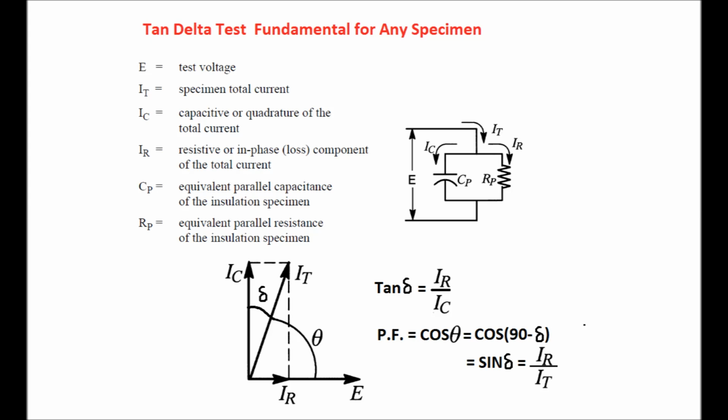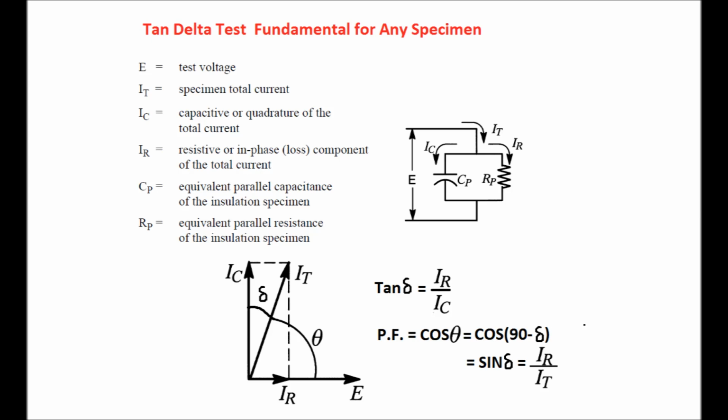The more the IR, the worse the quality of the insulation of the specimen. CP is the equivalent parallel capacitance of the insulation specimen, and RP is the equivalent parallel resistance of the insulation specimen. So tan delta is IR by IC, that is the ratio of the resistive current to the capacitive current.